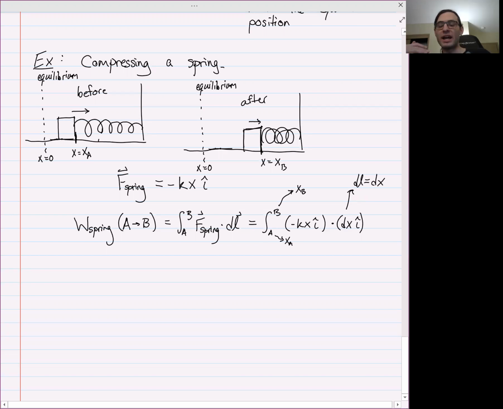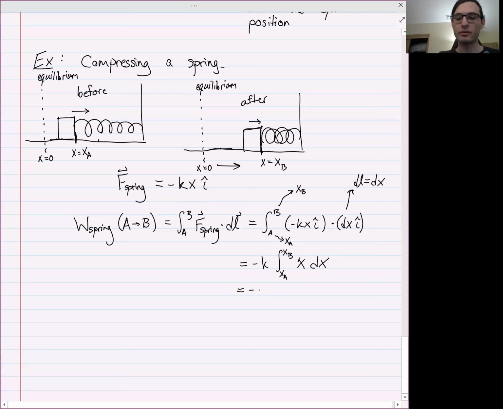So basically, L is associated with A and B, and x is associated with xa and xb. x is the position along the horizontal axis of the block. So this integral would be minus k times the integral from xa to xb of x dx. k is just a constant, and so we can do this integral.